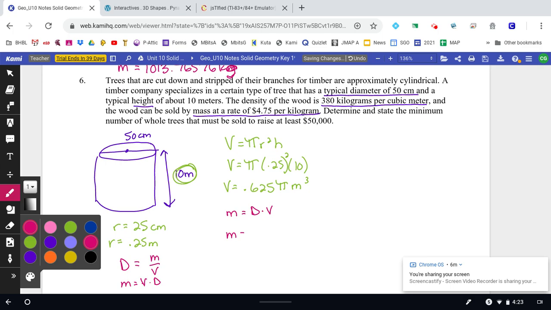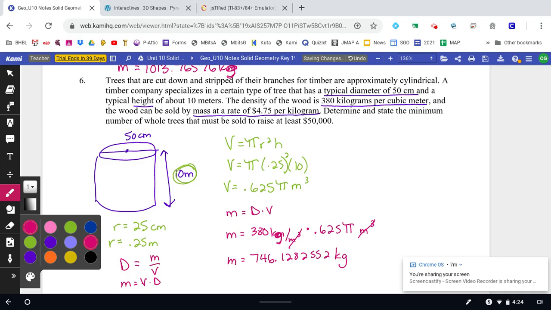I've got 380 kilograms per meter cubed, and we're going to multiply that by the 0.625 pi meters cubed. That's going to give us 746.1282552. Again, the meters cubed are going to cancel, leaving us with kilograms.